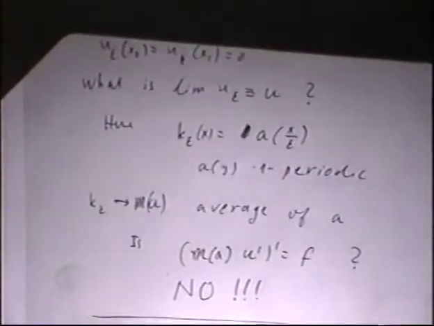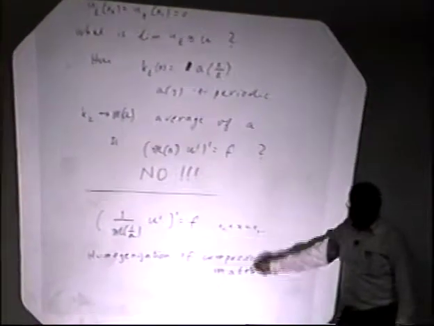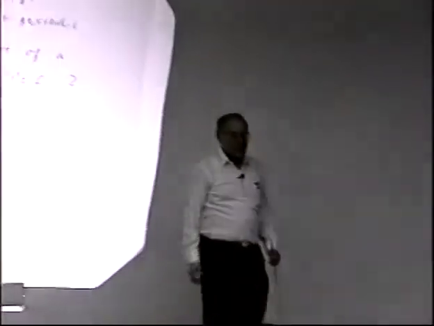So this is the simplest example of homogenization that tells you there is a formula there, but it's not the obvious one. And this can be generalized not only to one ordinary differential equation, but to partial differential equations, to systems of equations, and so on. There is a whole theory of homogenization in hundreds of papers.